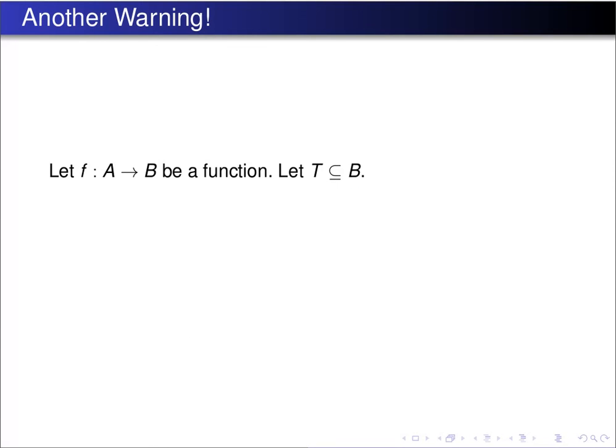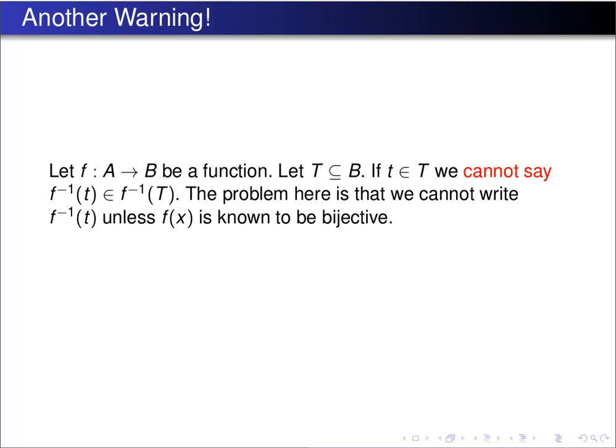Another warning here: if f is a function from A to B and T is a subset of B, if t is an element of T, we cannot say that f inverse of t is an element of the preimage of the set capital T. Now the reason we can't say that is we can't even write f inverse of little t unless we know f(x) is bijective.